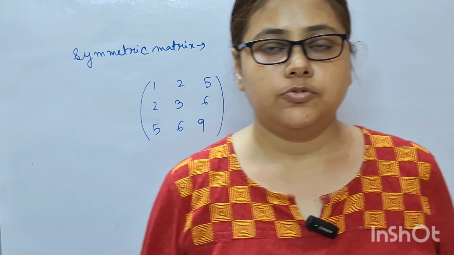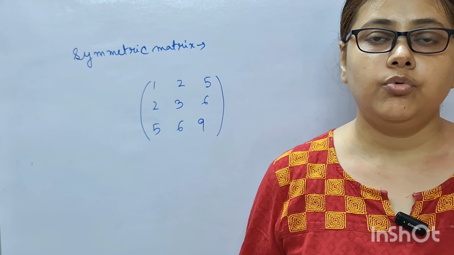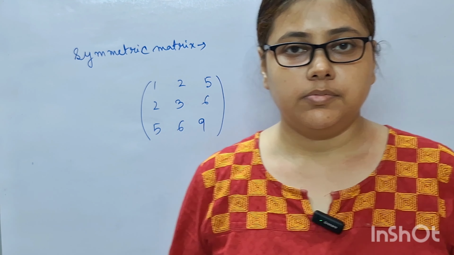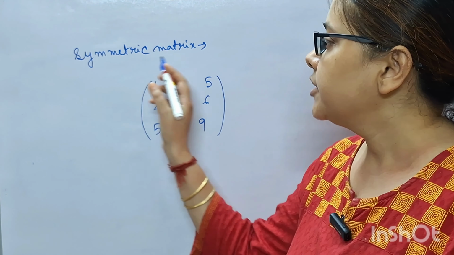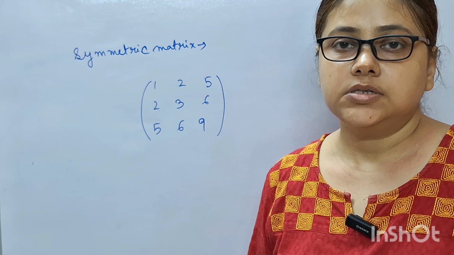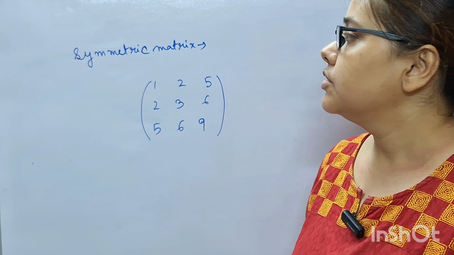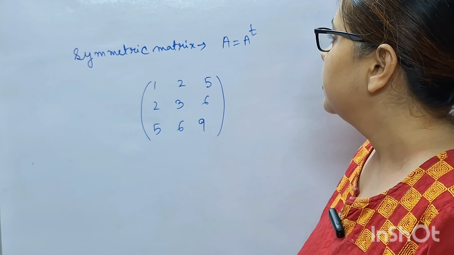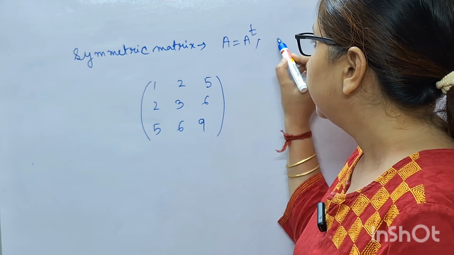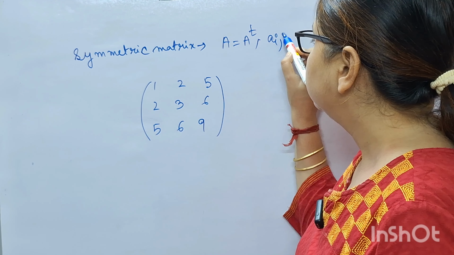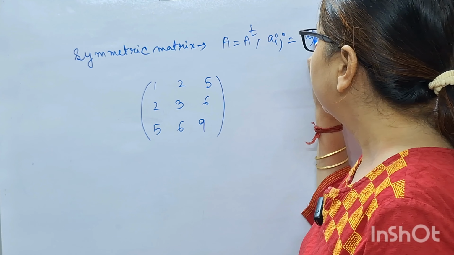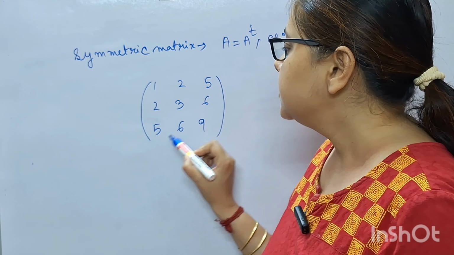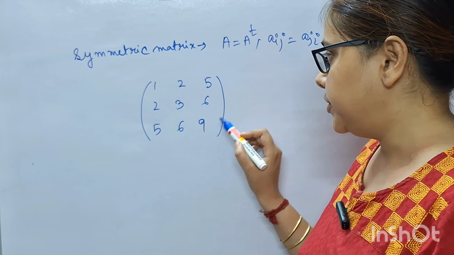Now from the transpose of a matrix we can get two important matrices, that is the symmetric matrix and the skew symmetric matrix. A square matrix is said to be a symmetric matrix when A equals A transpose. That is, in that case Aij will be equal to Aji. This is an example of a symmetric matrix.